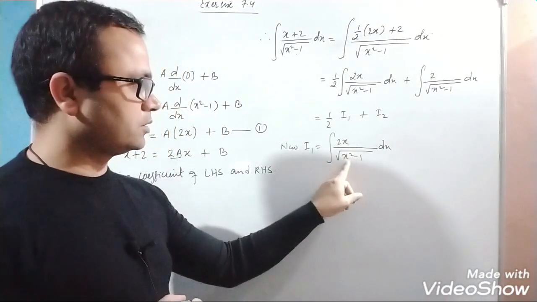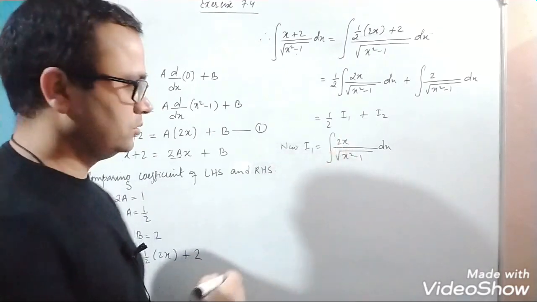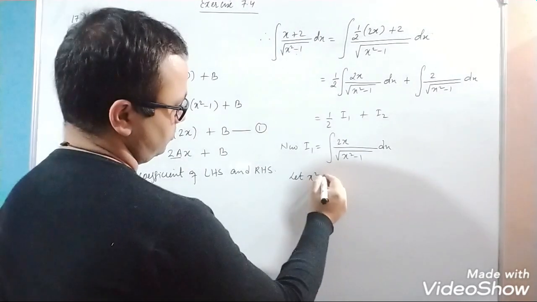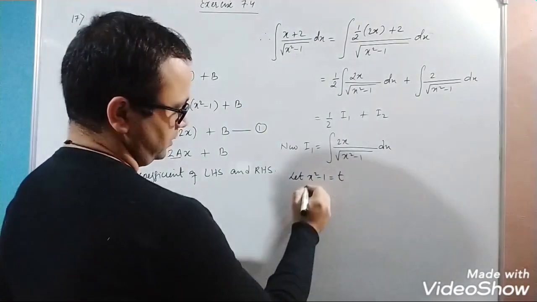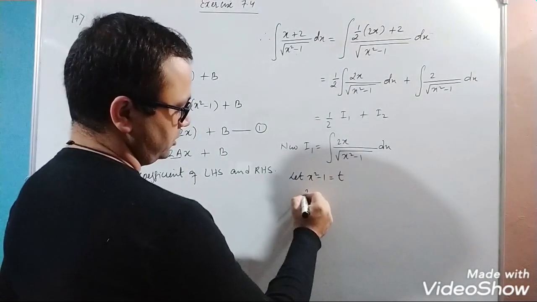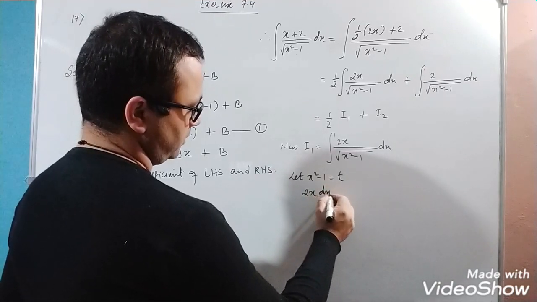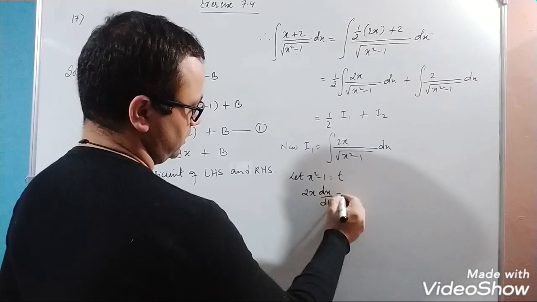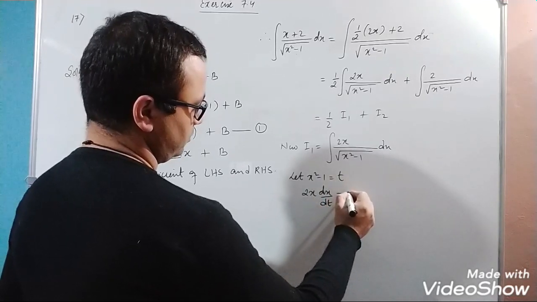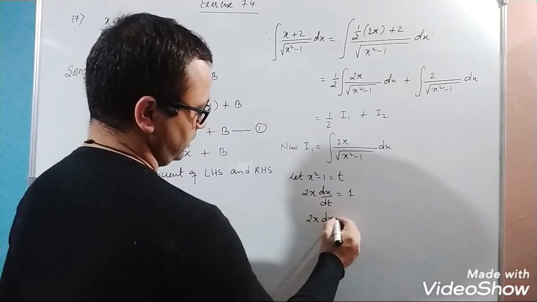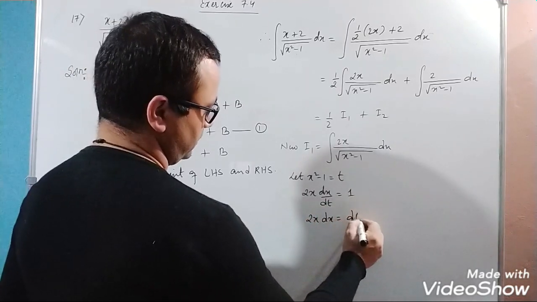The differentiation of x square minus 1 is 2x, so 2x dx equals dt.